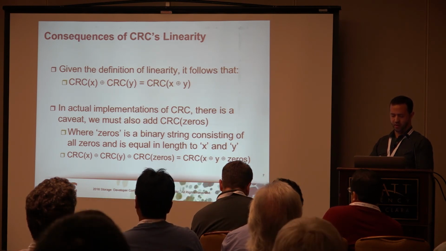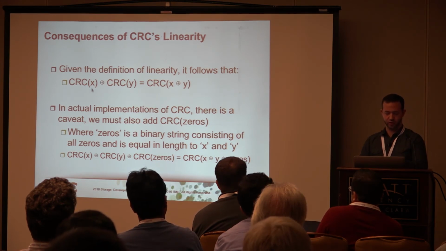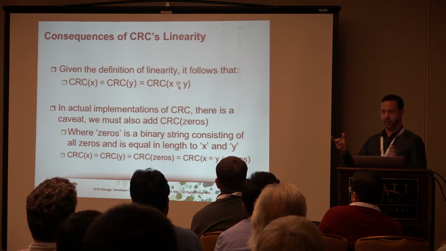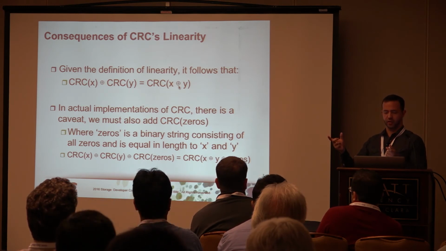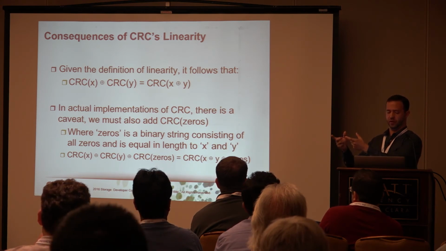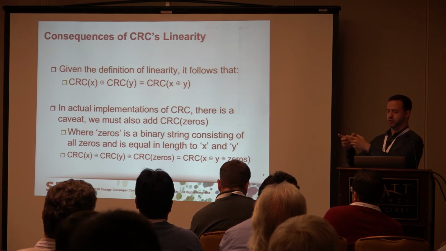Yes, for example, if CRCs did follow this property exactly, then take any random message X. If you calculate the CRC of two of those messages and XOR them together, you'll always get 0 as the result, and if you XOR that same message with itself, you get a string of all zeros.